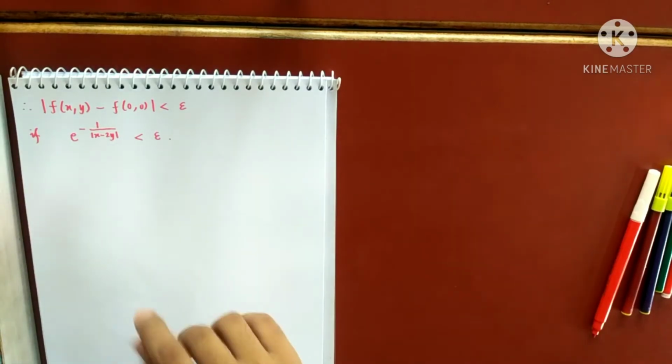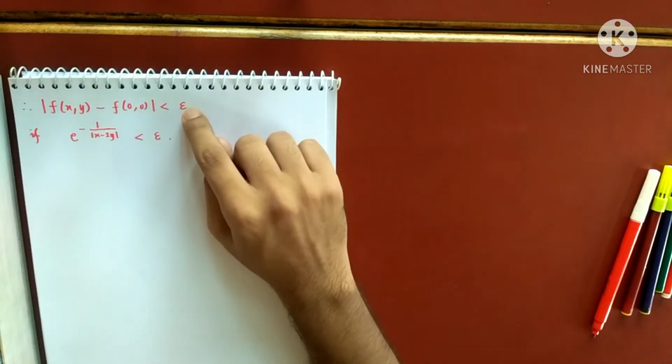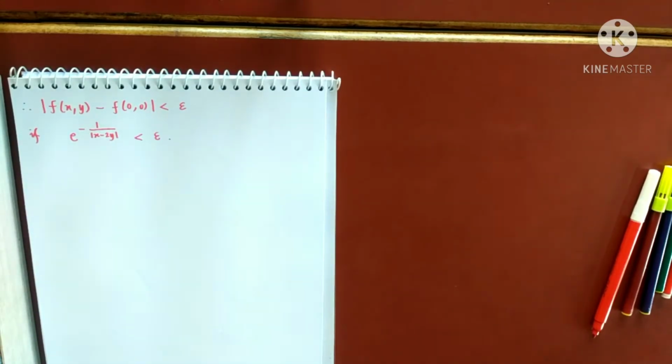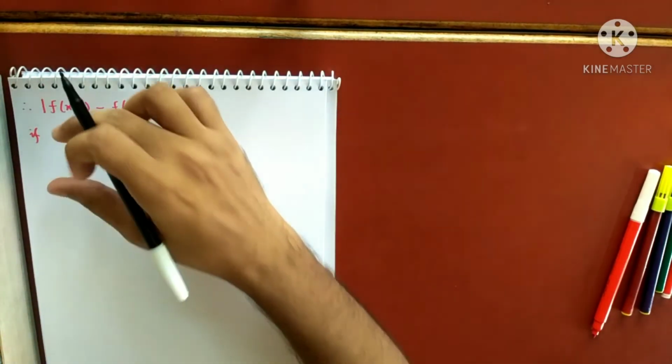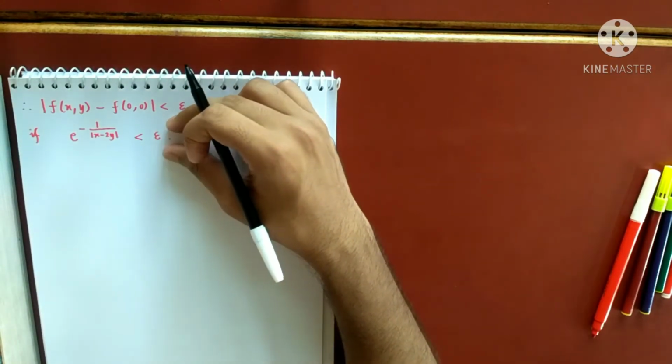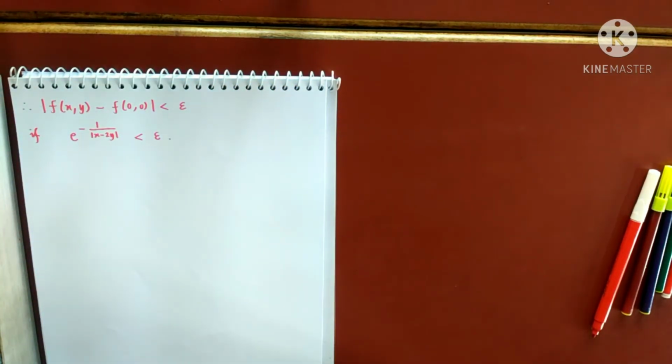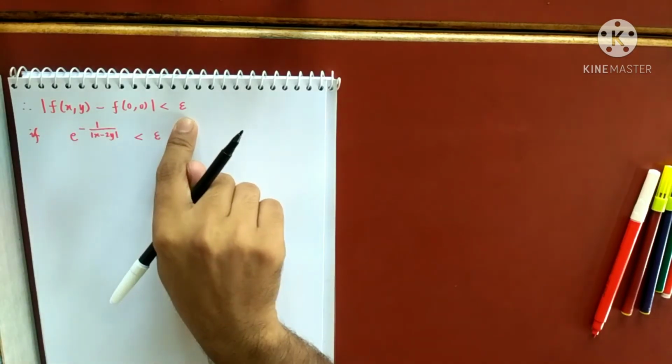Yes, this was nothing but this. So whenever this is less than epsilon, the original will also be less than epsilon. I can call this some equation. Using this equation, I have to find some neighborhood of (0, 0) for which this is true.